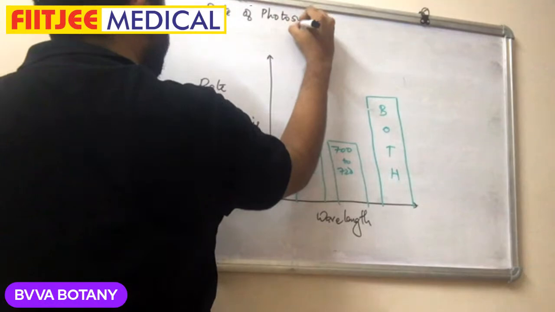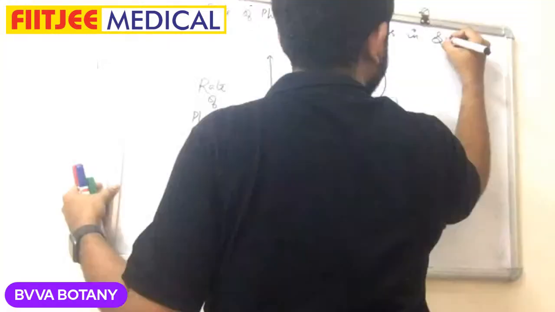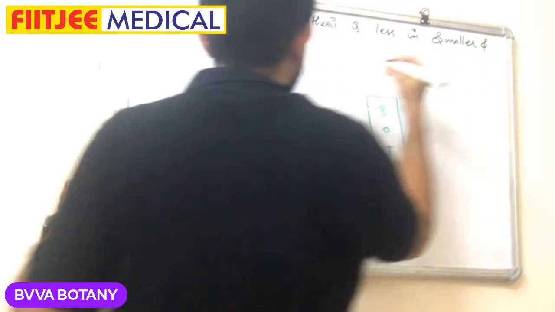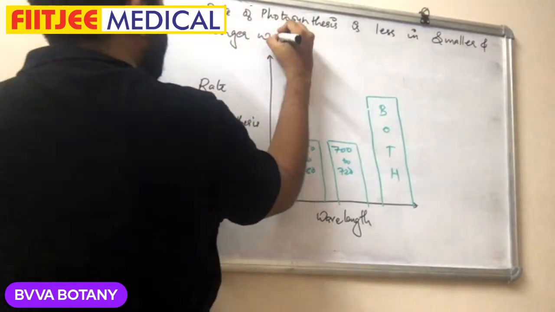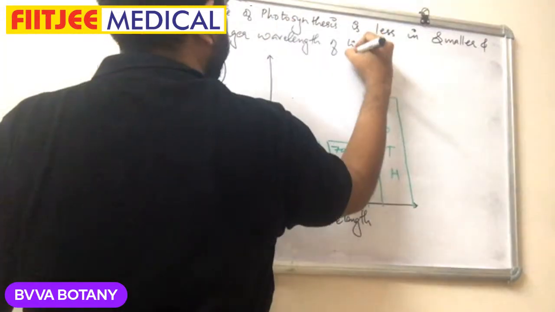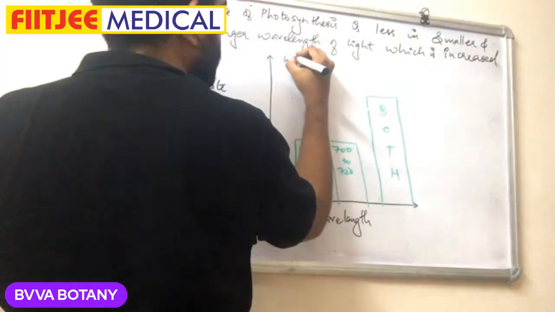The rate of photosynthesis is less in small and larger wavelengths of light, and it is increased when given simultaneously.